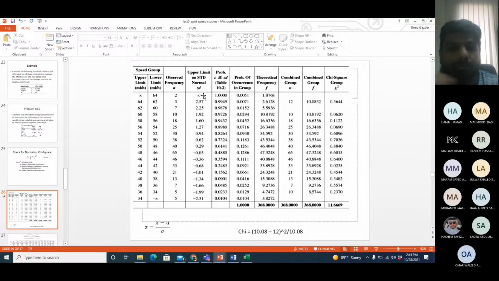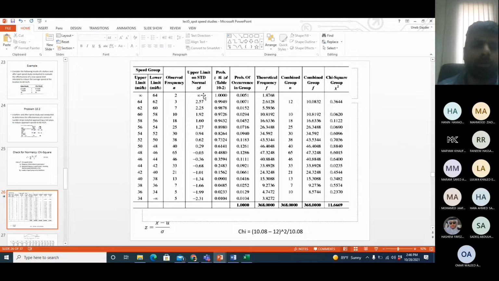So for the first group, I don't have to look at the z table. For infinity, the probability is 1, the highest value, because infinity is not in the table. Any value which is higher than the values in the table, the probability is 1.